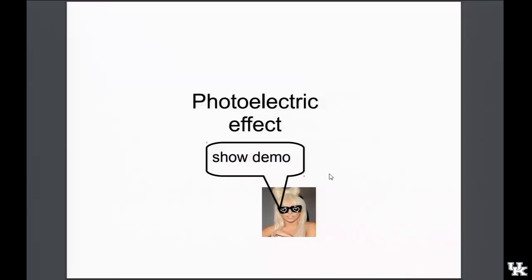He didn't use the word photon and didn't think about particles of light. The word photon and the particles of light came with Einstein and the photoelectric effect. So we're going to discuss the photoelectric effect, and I want to show the demo of it. I think I'm going to put the camera on.